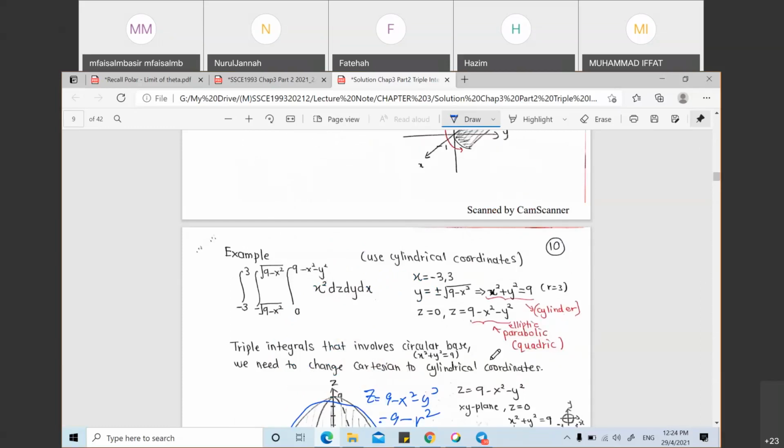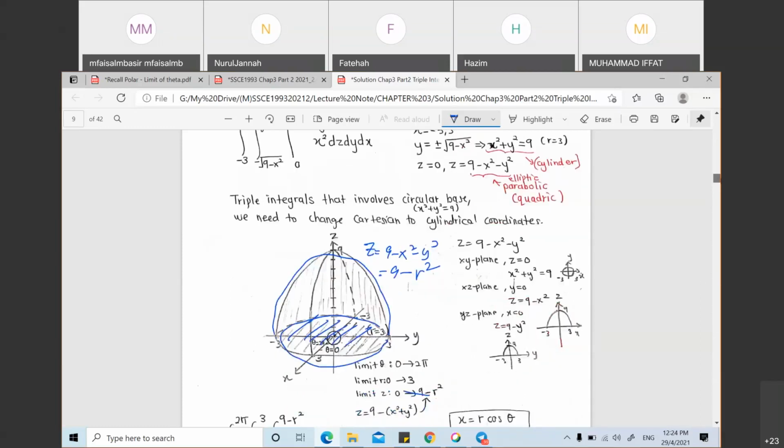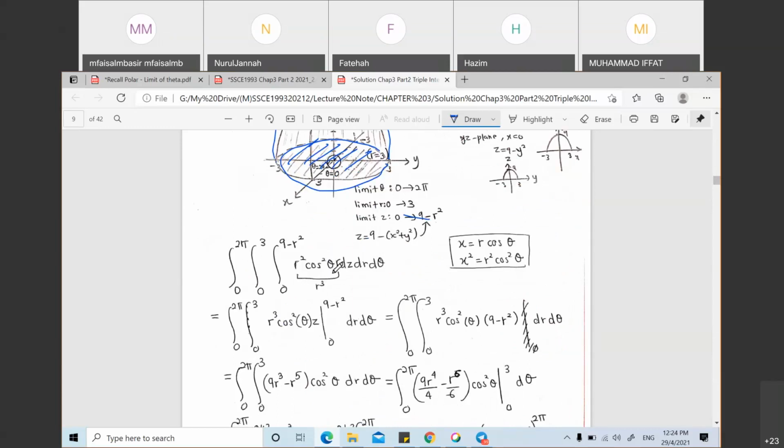Okay, the solution is here. You can study it. The order should be r dz dr d theta. Your z is from 0 to 9 minus r squared, your r is 0 to 3, your theta is 0 to 2 pi. Sometimes you have to split the region, so that is the difficult part.